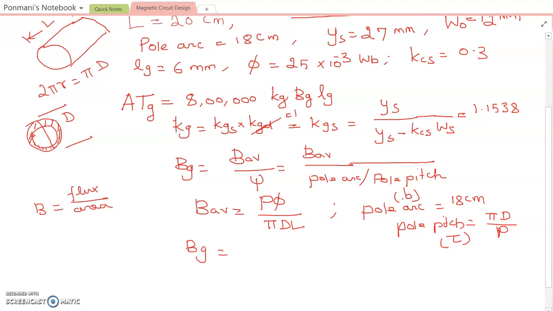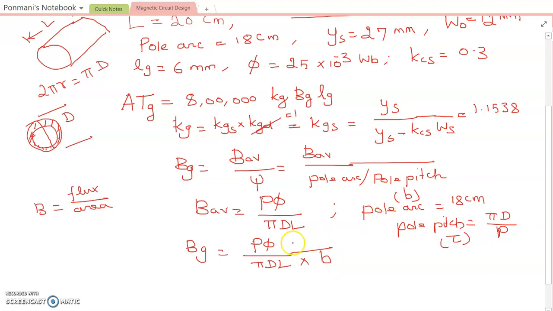Now we are going to substitute everything to calculate this Bg. The B average formula is P into phi by pi D L, divided by pole arc by pole pitch. The pole arc is given as 18 centimeters, so let us keep it as it is, divided by pole pitch.